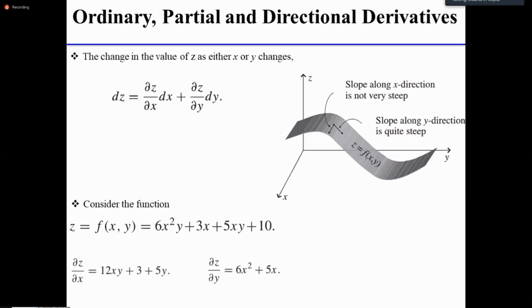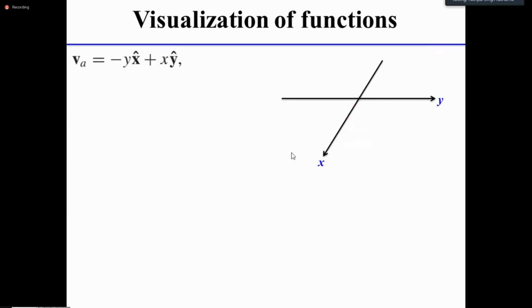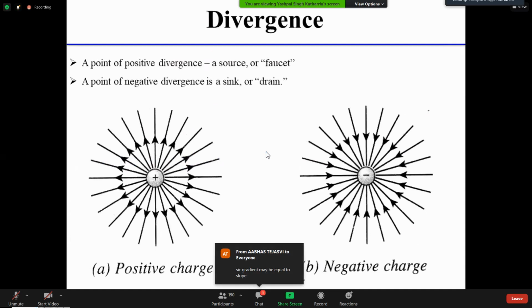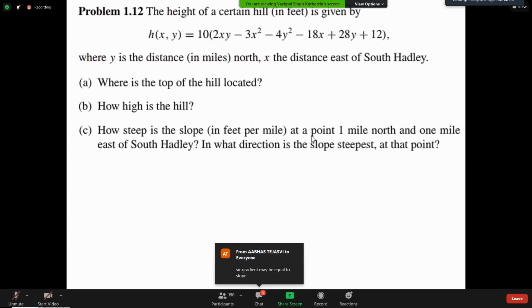Sir, one more thing. You have told us theoretically, but in one question you also show how to do it practically, but how to do questions on that gradient? Yes, I have given you the question, right? Where's the question? This one, right? Here it was slope, not gradient.